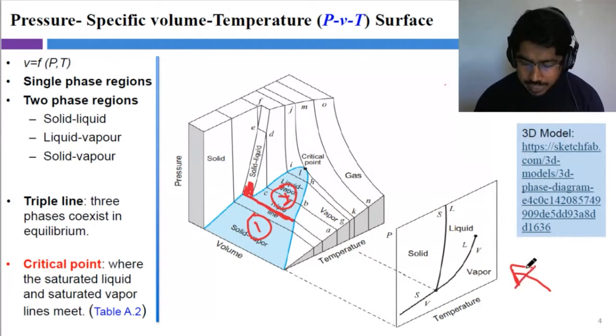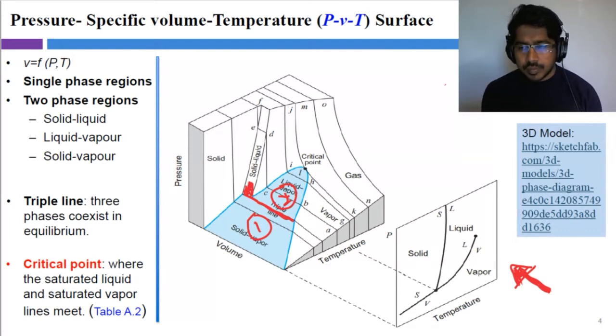So when we look from this angle and create a PT diagram, would you see a line or a dot in that PT diagram? Can you answer in the chat? The triple line, would it be a line or a dot?